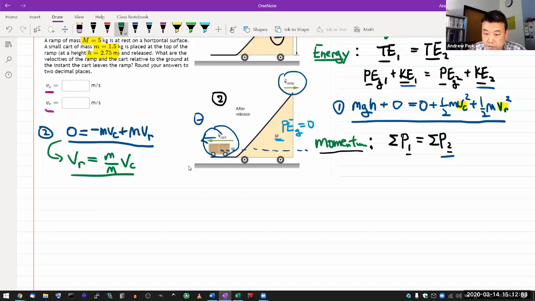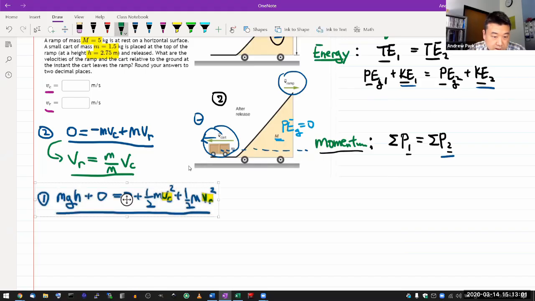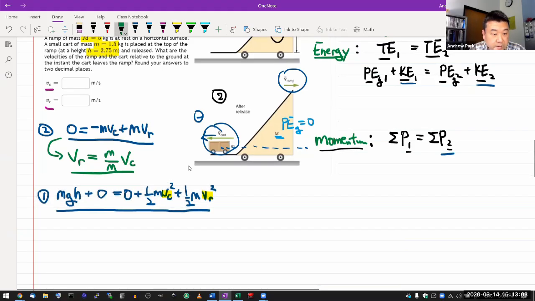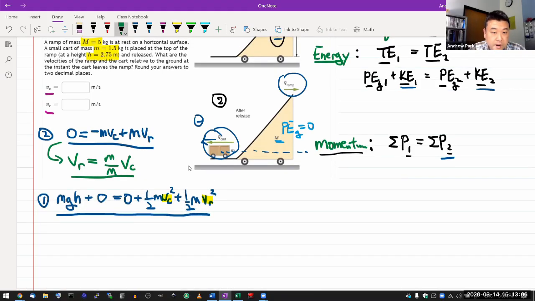So with that tool in my hand, I'm going to eliminate VR from all my expressions. Let me move equation 1 here, and I'm going to be substituting in that expression for VR.